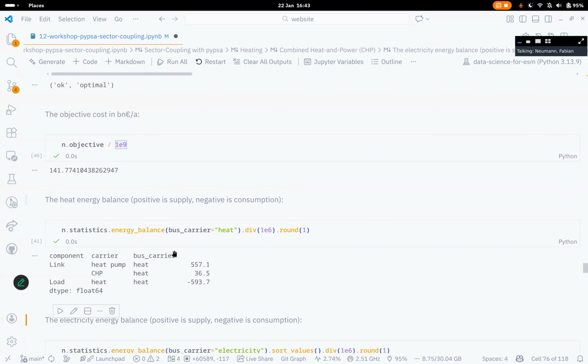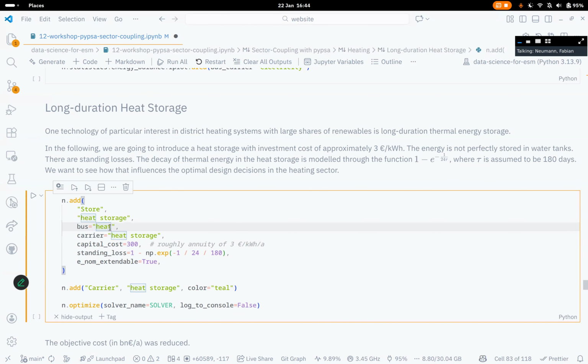Okay. So one interesting thing that we can also add now, we can also add different storage technologies at the different buses. For example, a long duration heat storage here, something where we can bridge, where we can store heat over a longer time. And there's one extra parameter that we didn't talk about yet, which is the standing loss. And the standing loss would just tell you about the decay of energy stored in storage over time without actually using it.